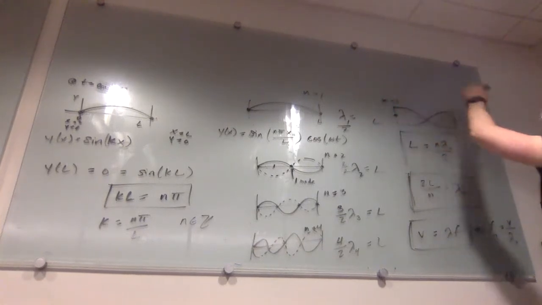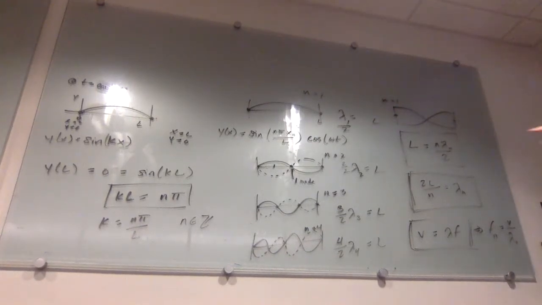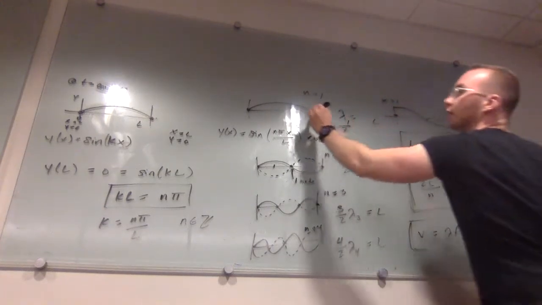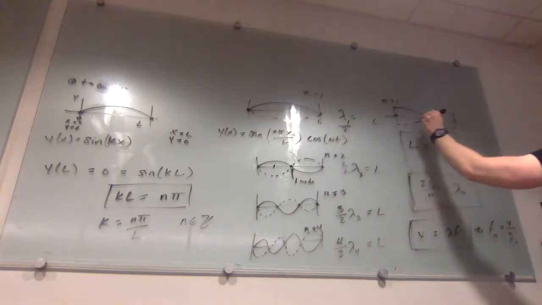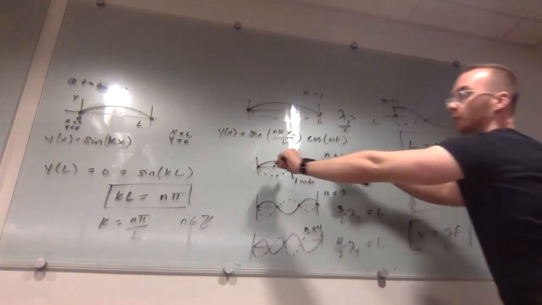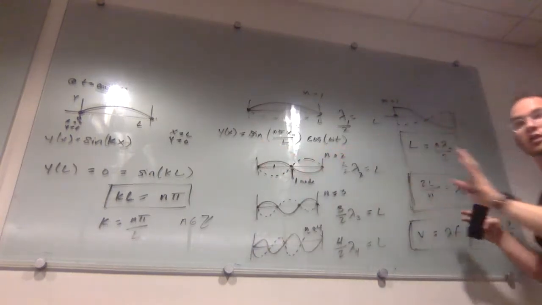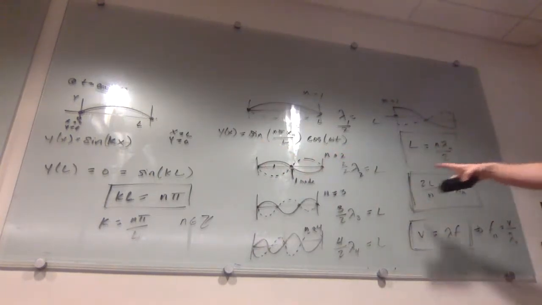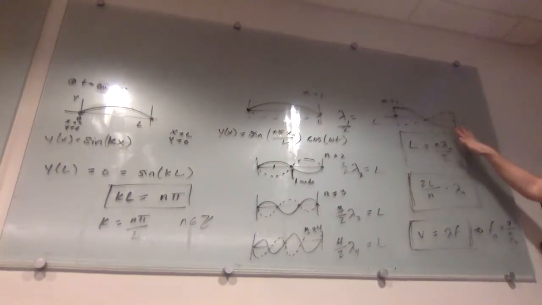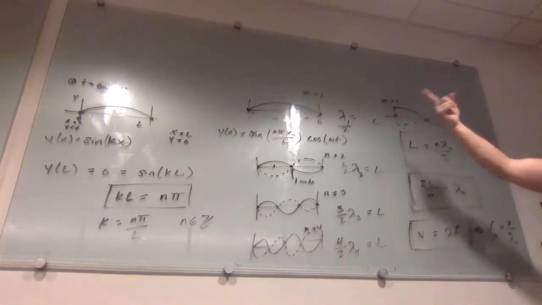Well, again, n equals 0 is just where it's open the whole time. That's n equals 1, and n equals 2 looks like this, but both ends are open. It's actually exactly the same, though. By symmetry, you could just shift this over. It'll actually always be the same as those.